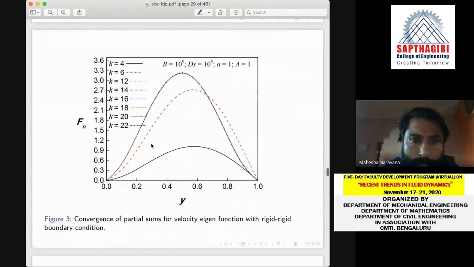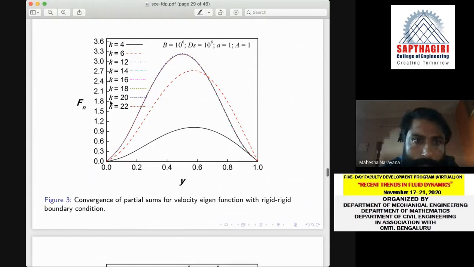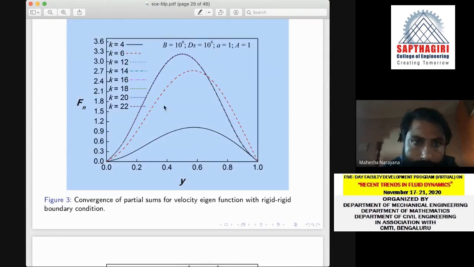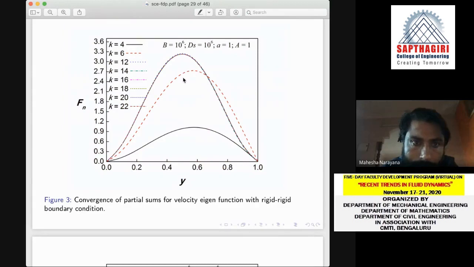Now, these are the partial sums which are plotted. These are eigenfunctions with various terms. So if you take the first 4 terms of the series, you have this solution. 6 terms of the series, you have another solution. And if you see, the solutions are converging to this parabolic profile.